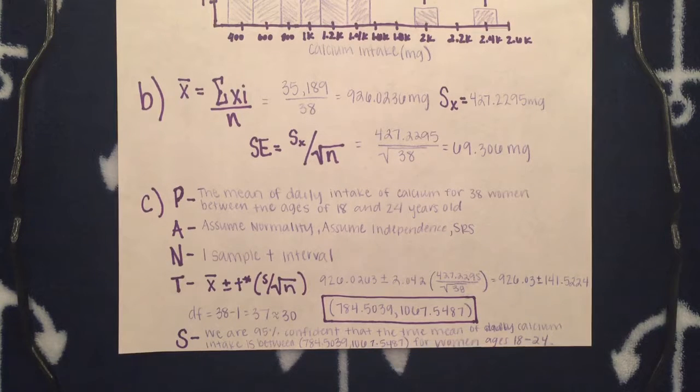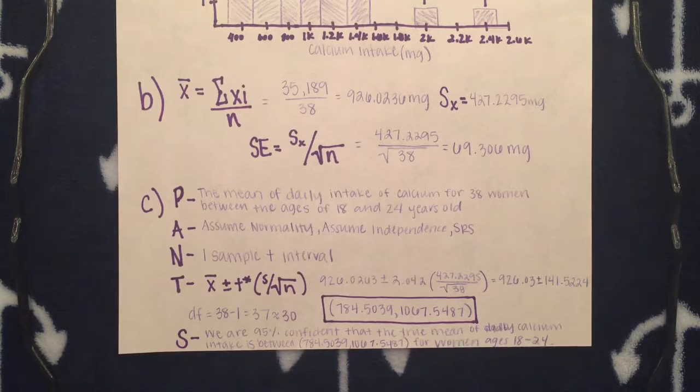So I have x bar plus or minus t star times s divided by the square root of n. So I have 926.0263 plus or minus the t star, which is 2.042, times standard deviation, which is 427.2295 divided by the square root of n, which is 38.